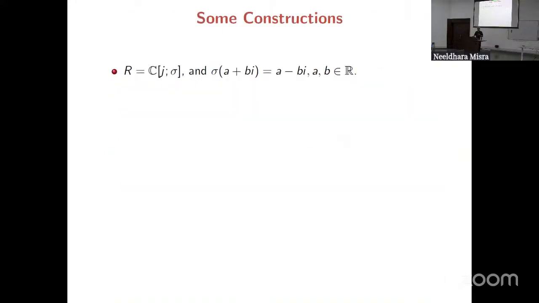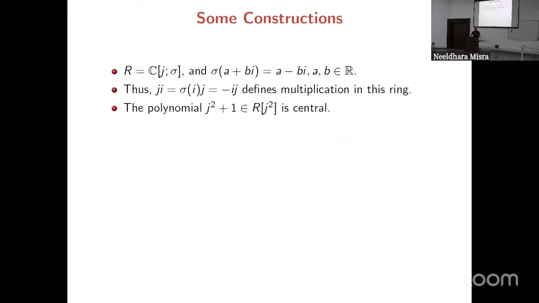So let's look at some constructions. This is the example that I took earlier, and this is something that you all might have seen. Let's say j is the new variable. I've deliberately used j instead of x here. So j into i is minus i into j. And that's what defines multiplication in the ring R. And we're going to take a to be the element minus 1.